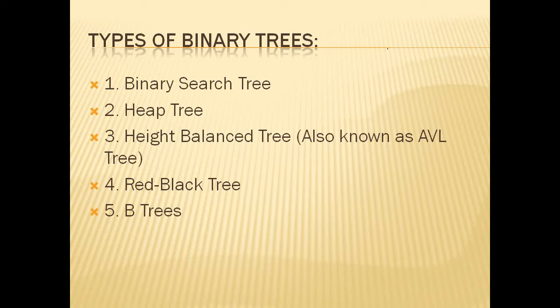So whichever tree you take, every node contains a maximum of 2 children only. But every type of binary tree has its own properties.